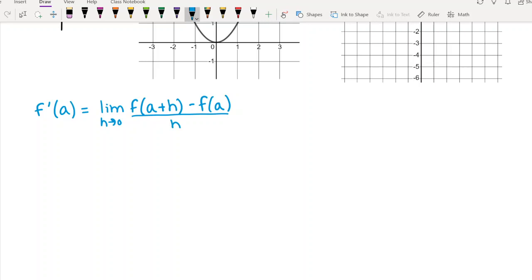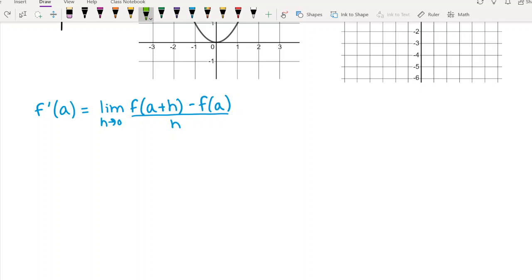Just to remind you where that came from, this part of the limit would be the slope of the secant line between one point, a, f of a, and another point just a little bit past a, so a plus a little bit more.